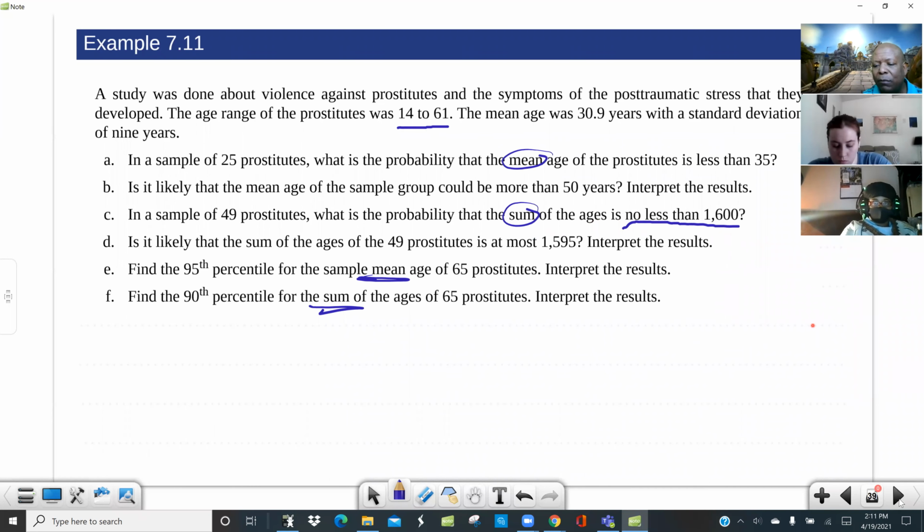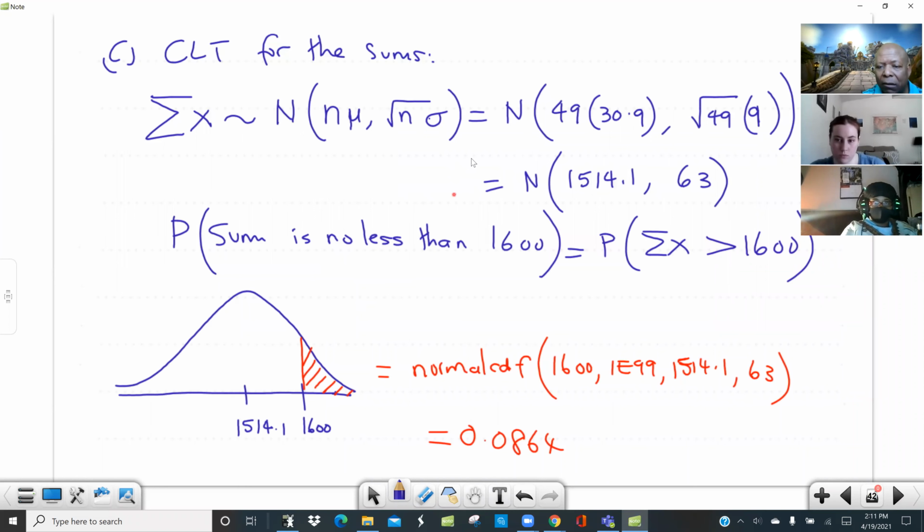So because they are sums, again, we build our normal distribution. The mean is 49 times 30.9, which is right here. The standard deviation is root 49 times 9, which is 63. And we're now ready to find the area to the right of 1600.